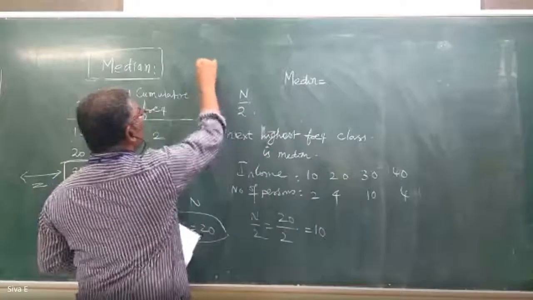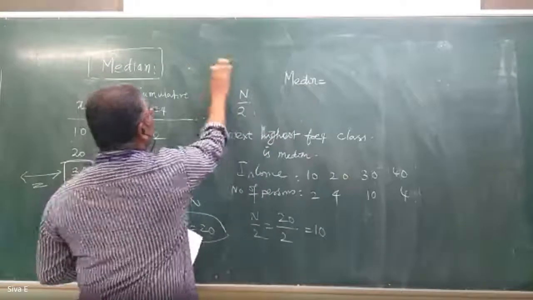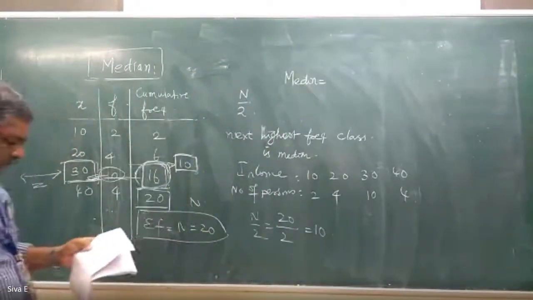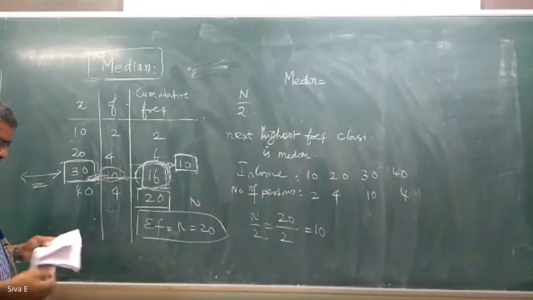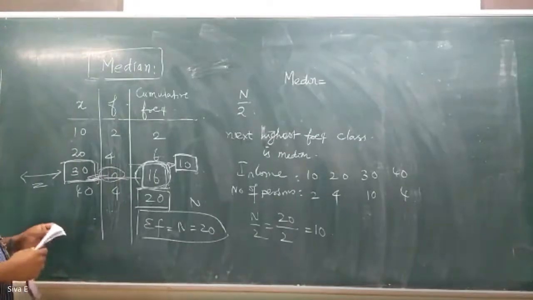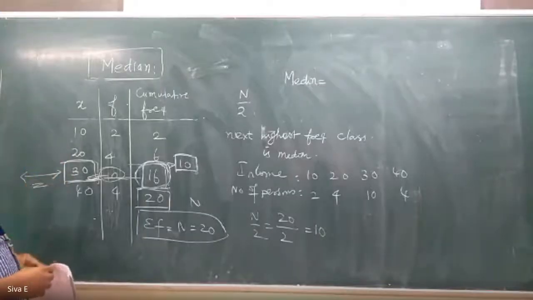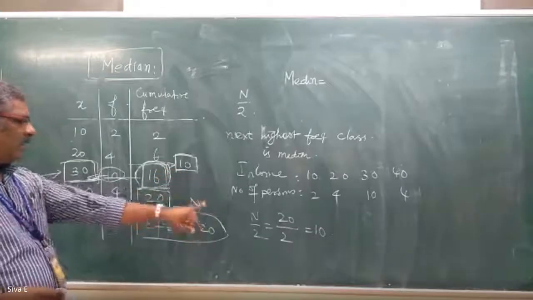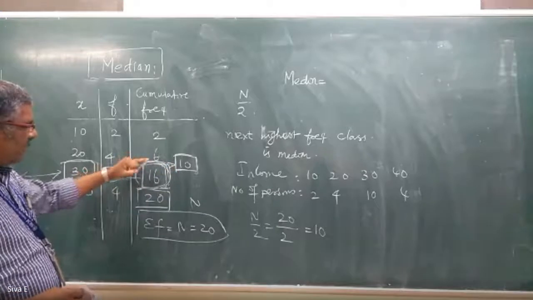In case it is 30, is that n? N is 30. Otherwise, I will give some more problems for practice. It is only 4 values here. In case 7 or 8 values are there, we can easily understand by finding the cumulative frequency. Very simple: find n by 2, which lies between 6 and 16.